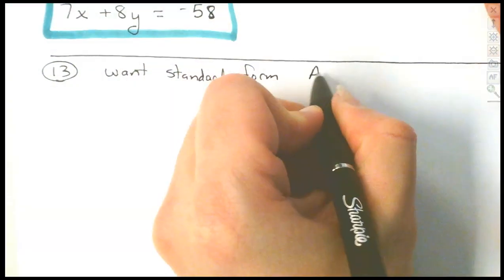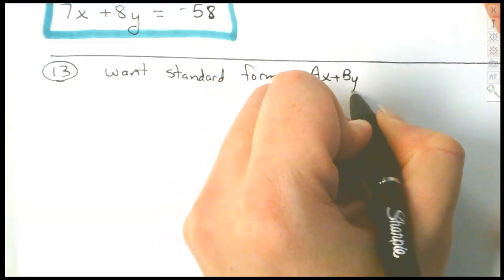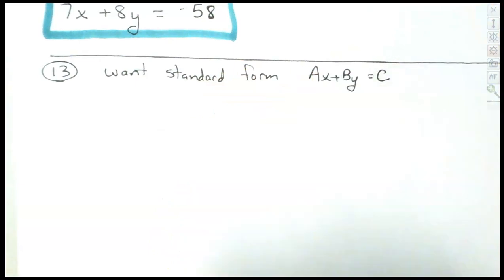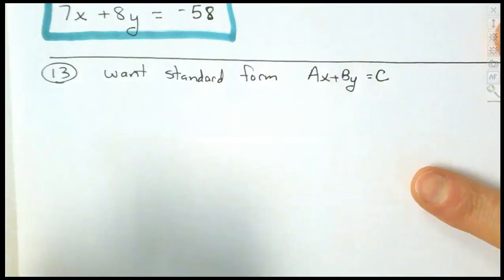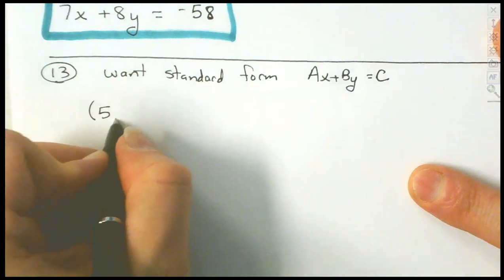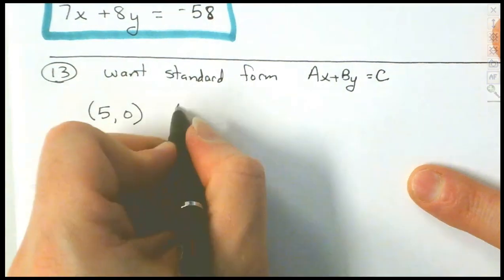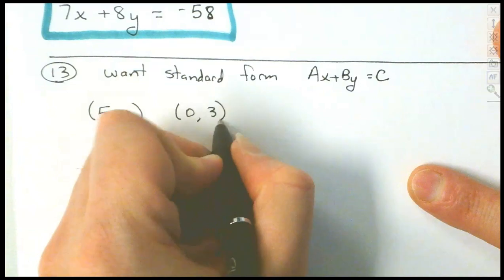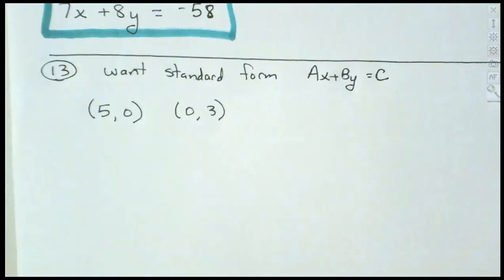Just remember, standard form is ax plus by equals c. And on question 13, we've got 5, 0, and we've got 0, 3. So this one will actually be a little bit easier.